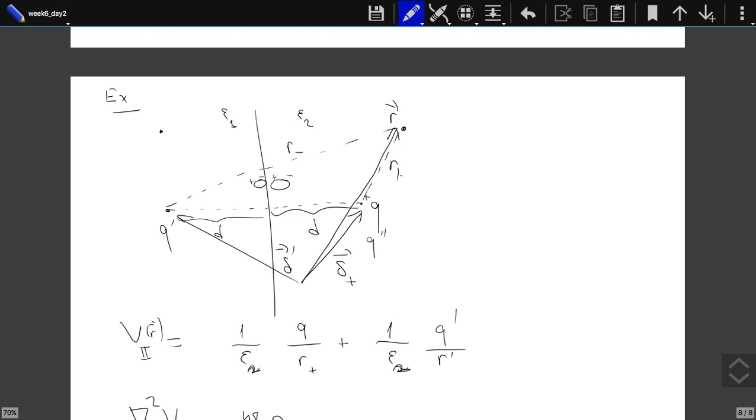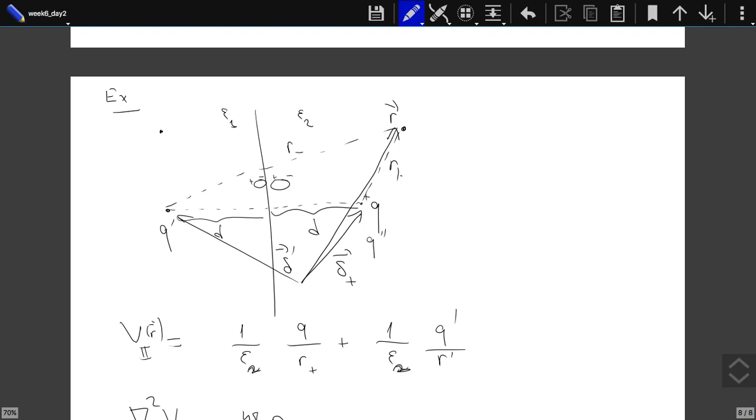That is my claim. Q double prime replaces Q prime? No, Q prime is not there. You see, Q prime is the charge that the observer sees in region 2 because of this surface charge. Now, when the observer is in region 1, it will see the surface charge, but this time it will create an image on the other side, so in region 2.